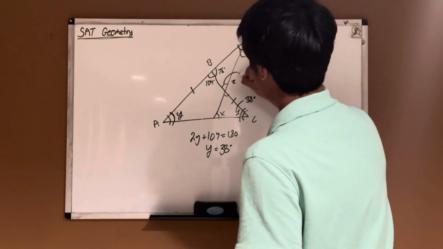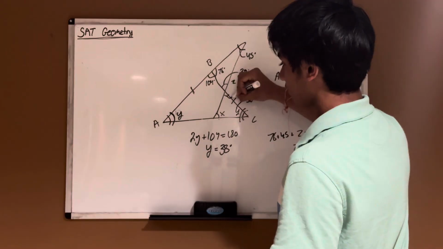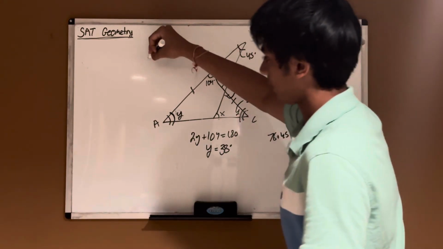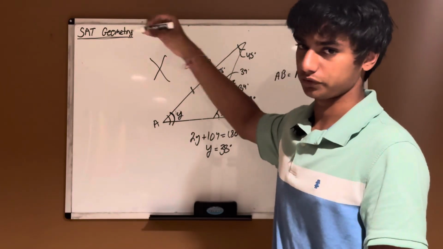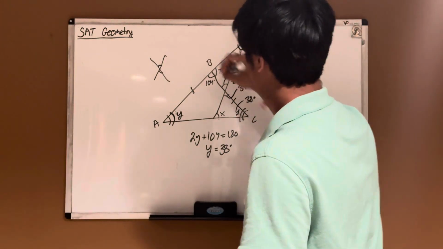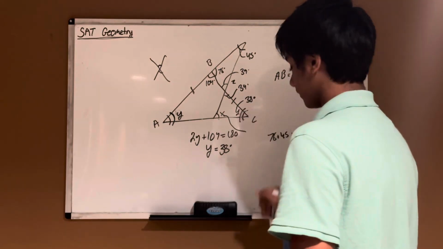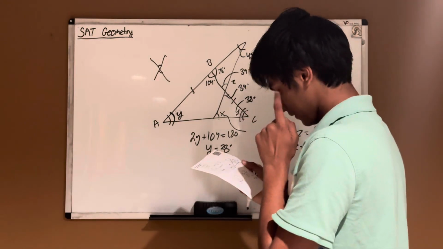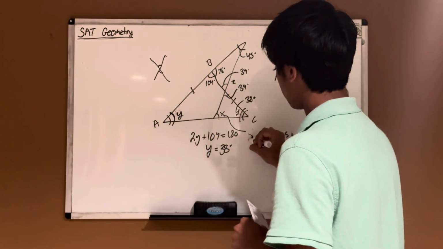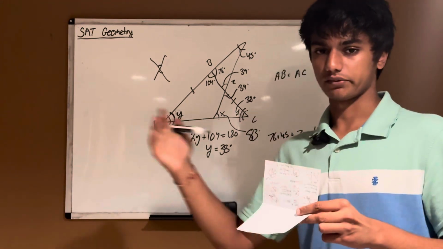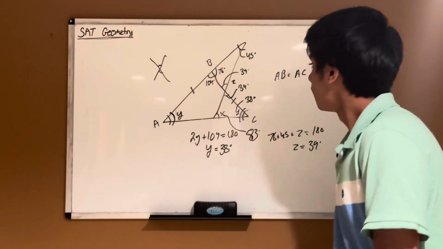And so if this is 39 degrees, then this has to also be 39 degrees by the fact that they are vertical angles. So this is equal to this, 39 degrees. And now using this fact, we can find out that x has to be equal to 83 degrees. And again, we just use the idea that the sum of the angles in a triangle equals 180 degrees.